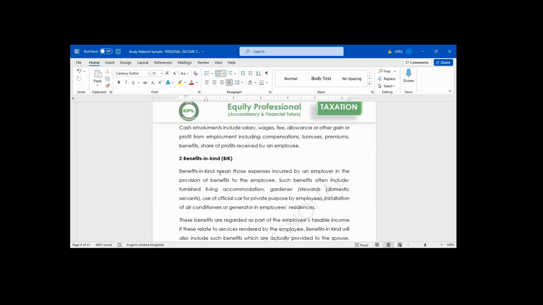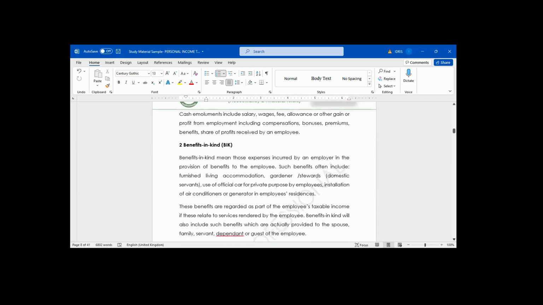Sometimes, maybe you are the CFO, you may be given domestic staff like driver, messenger, gardener, housekeeper, security by your employer. They are all benefit in what? In kind. If your employer gives you generator, it's a benefit in kind.